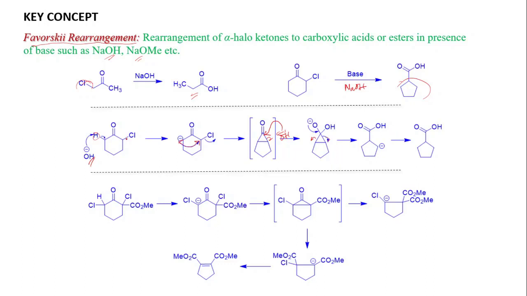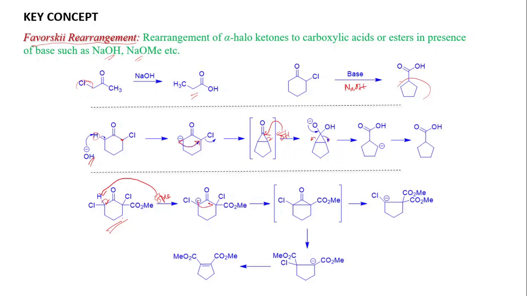But depending on the substituent present on the carbon adjacent to this carbonyl center, the reaction can take place through a different pathway and we can get a different product. For example, we look at this compound. As usual, at first base can abstract this proton and can generate a carbanion here.